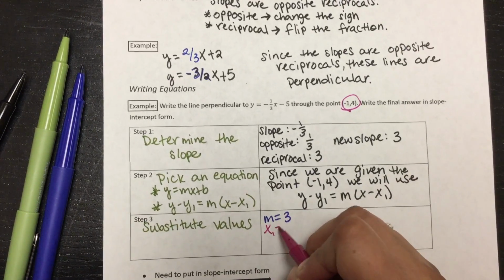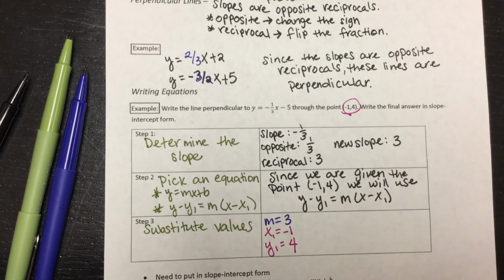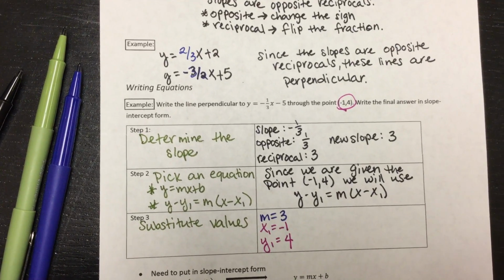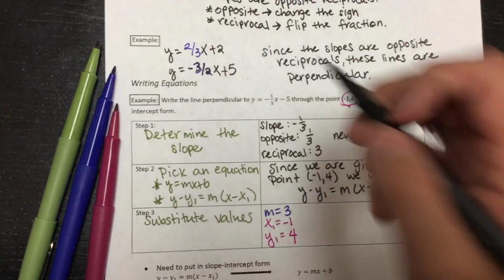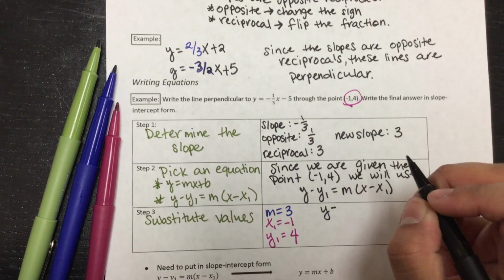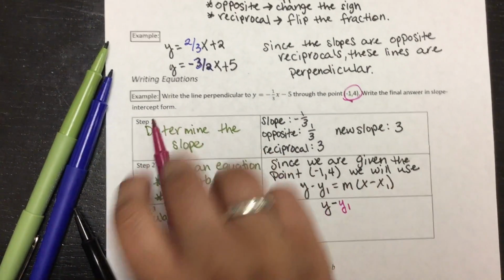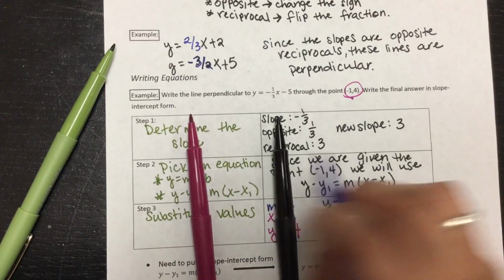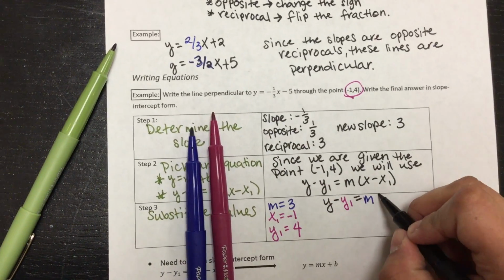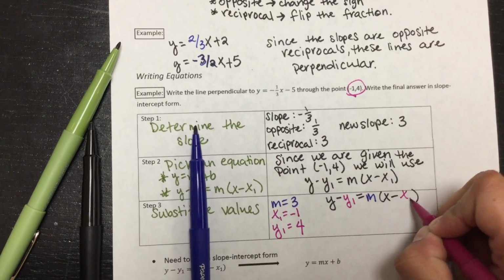So our x1 value is negative 1, our y1 value is 4. And we're going to plug that into the equation. y minus y1 is equal to m times x minus x1.